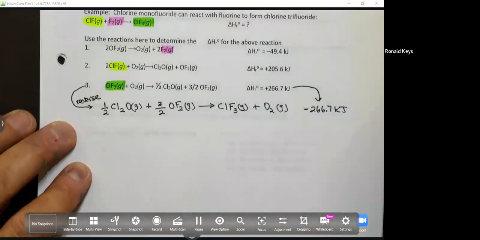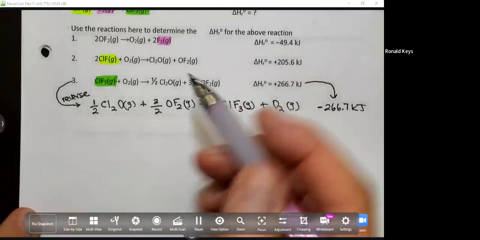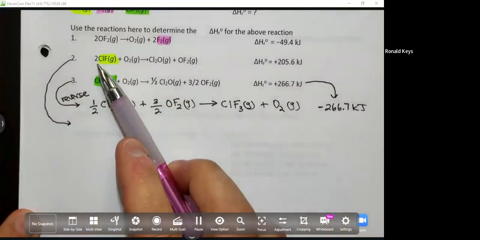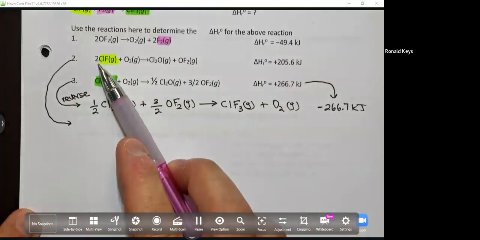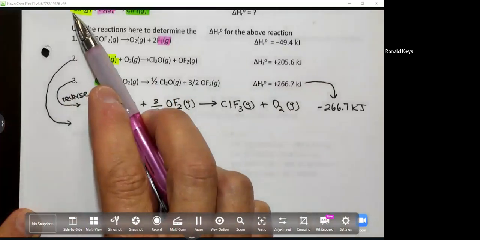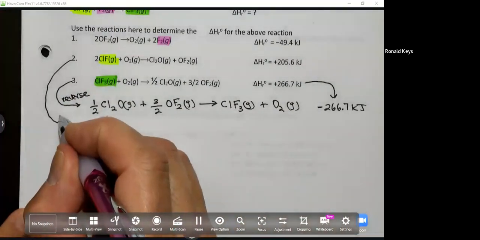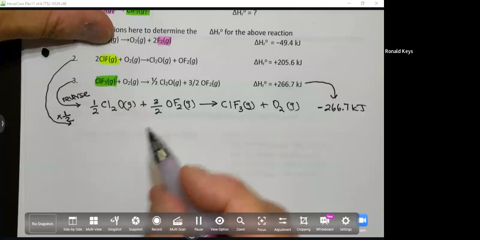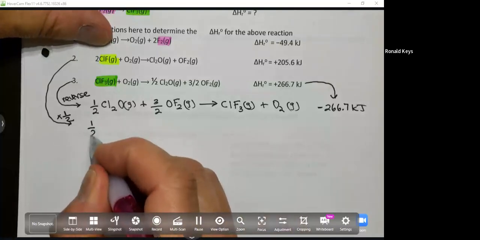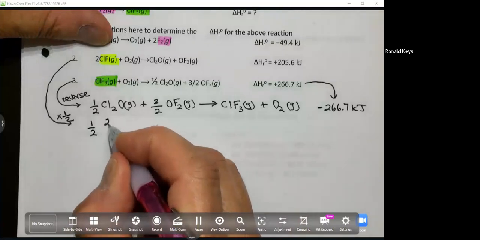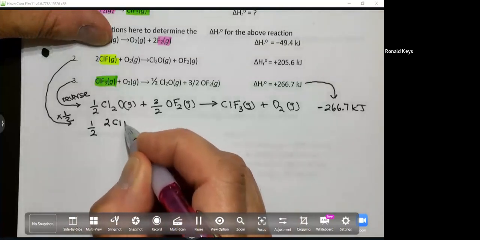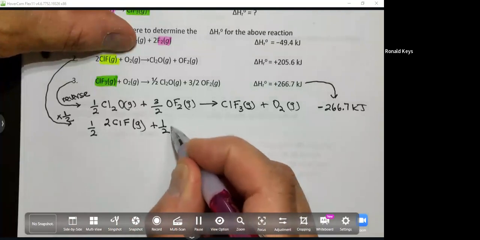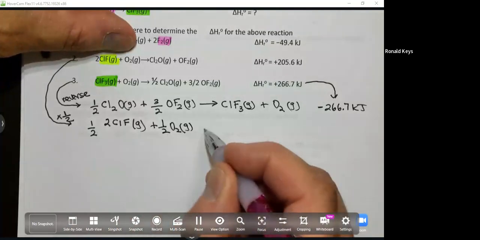Okay. For the next part here, what do we got to do with reaction 2? What did we figure? For reaction 2, it looks like we just got to multiply it by 1/2, right? Because we have a 2 here, but we only need a 1. So I like to say times 1/2, it's the same as dividing by 2. So that means I'm going to have 1/2 times 2 ClF gas plus 1/2 O2 gas.